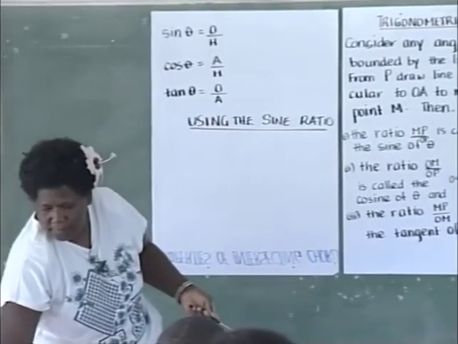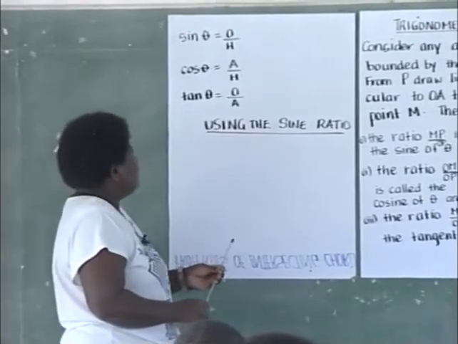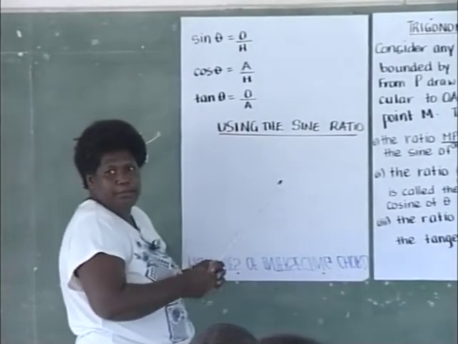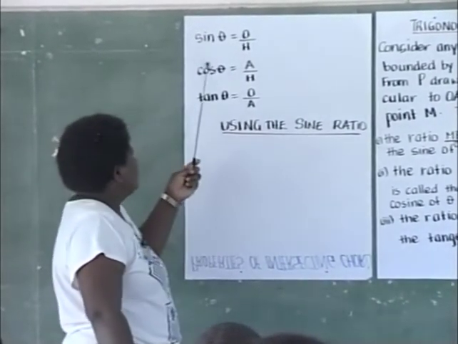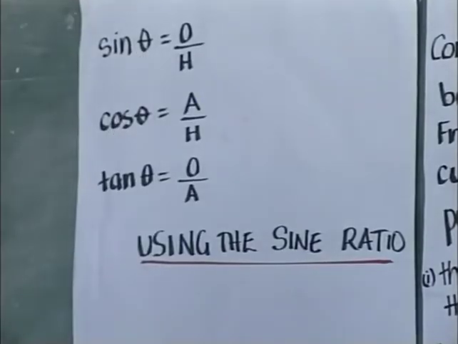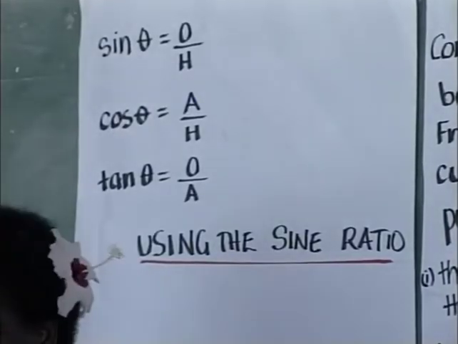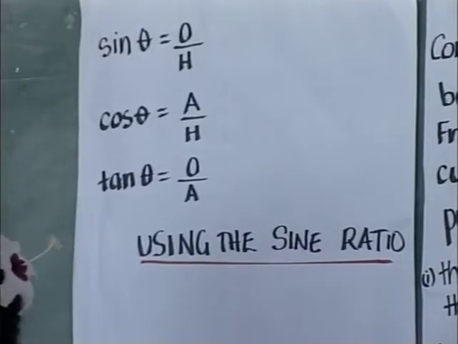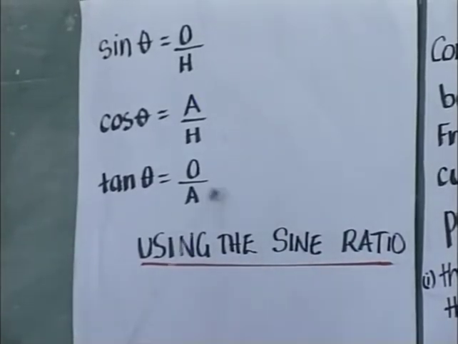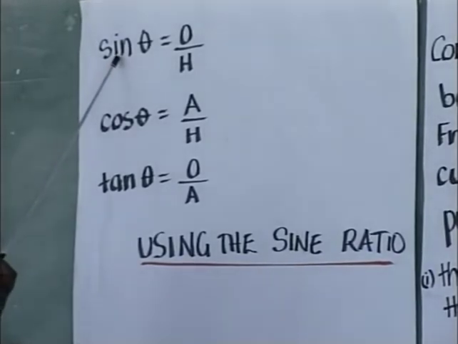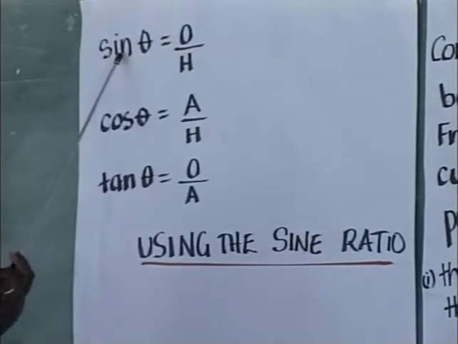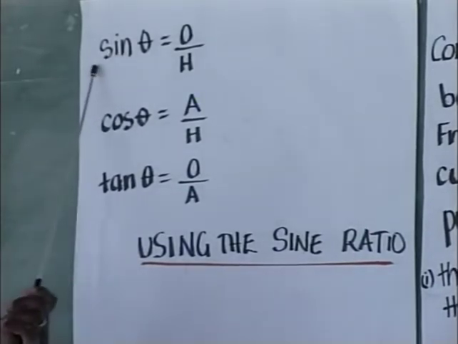Usually it is written in short form like this. Sine of angle theta, which is this angle, is equal to the side that is opposite it over the hypotenuse. Okay, so sine, not sin. Some people pronounce it as sin. It's not sin, it's sine. It's just denoted with sin.